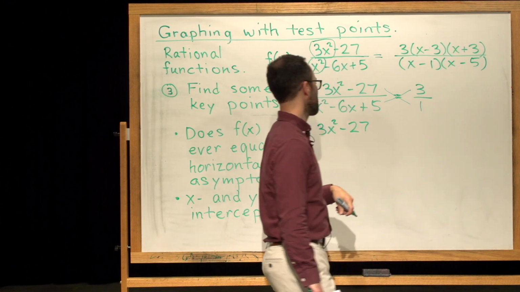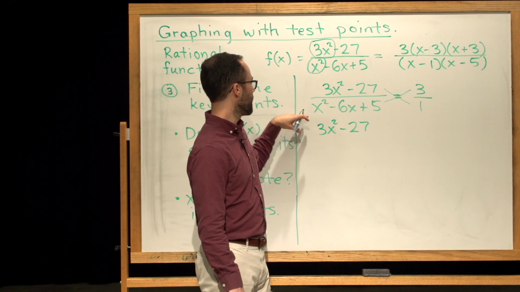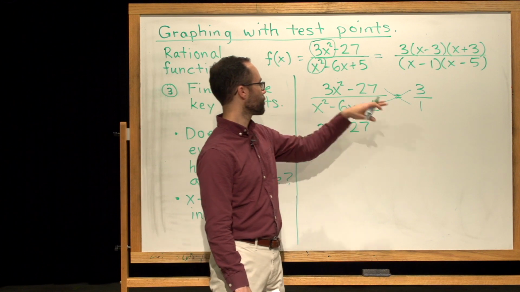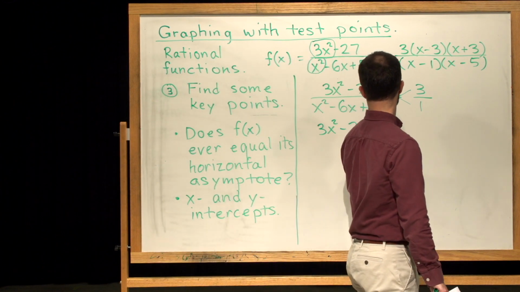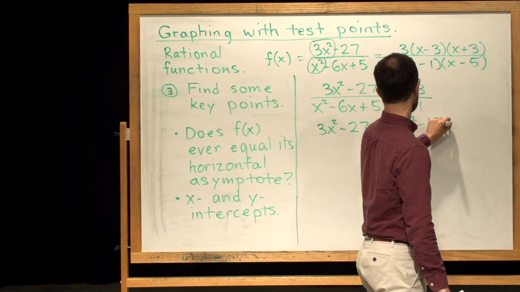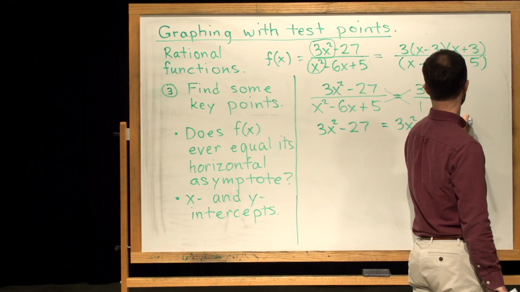I have my 3x squared minus 27 times 1, so that is the same. And then the denominator I'll multiply by 3. I'll take each term times 3, so I'll have a 3x squared now, minus an 18x, and then the 5 times 3 gives me the plus 15.